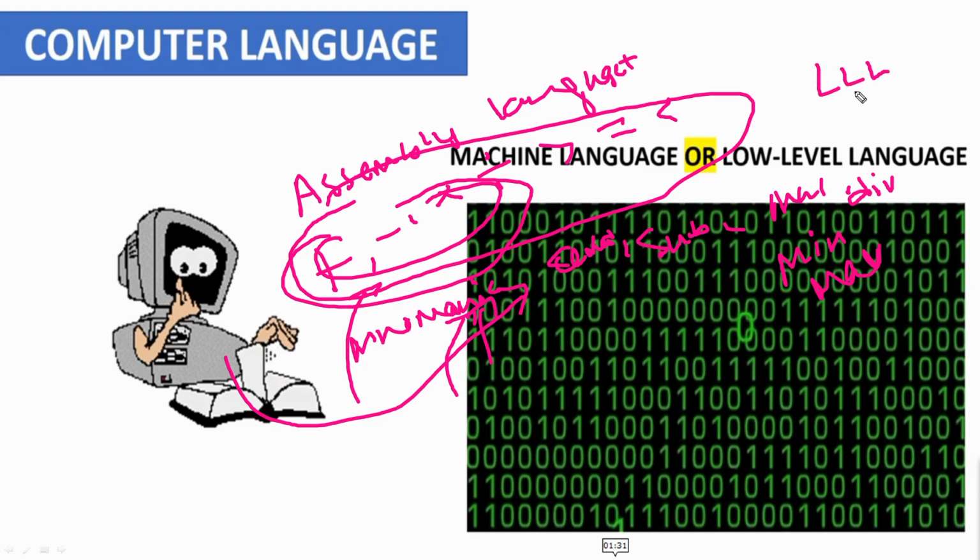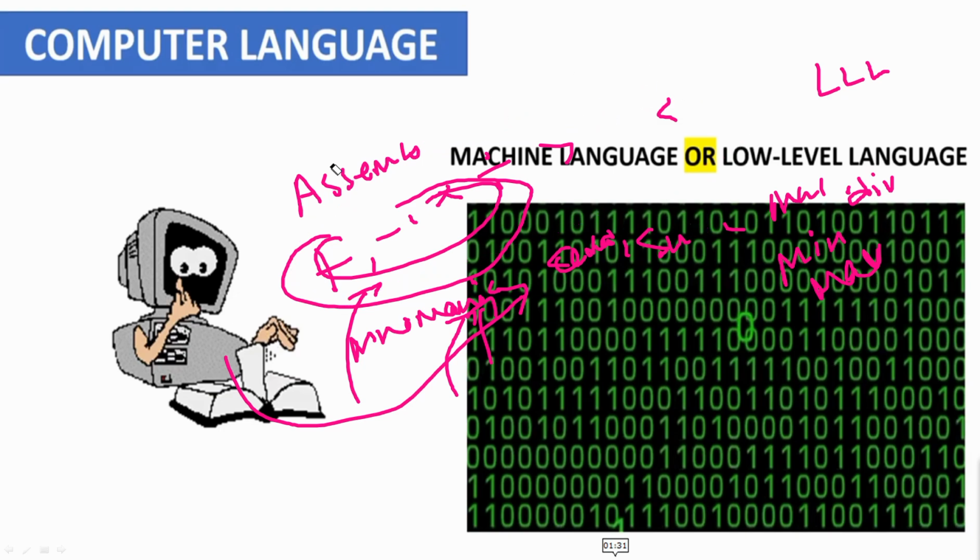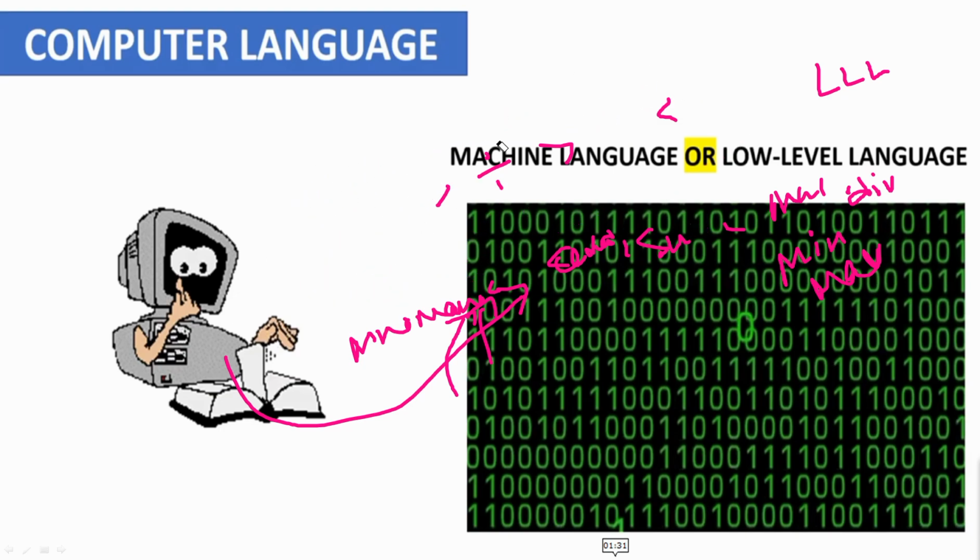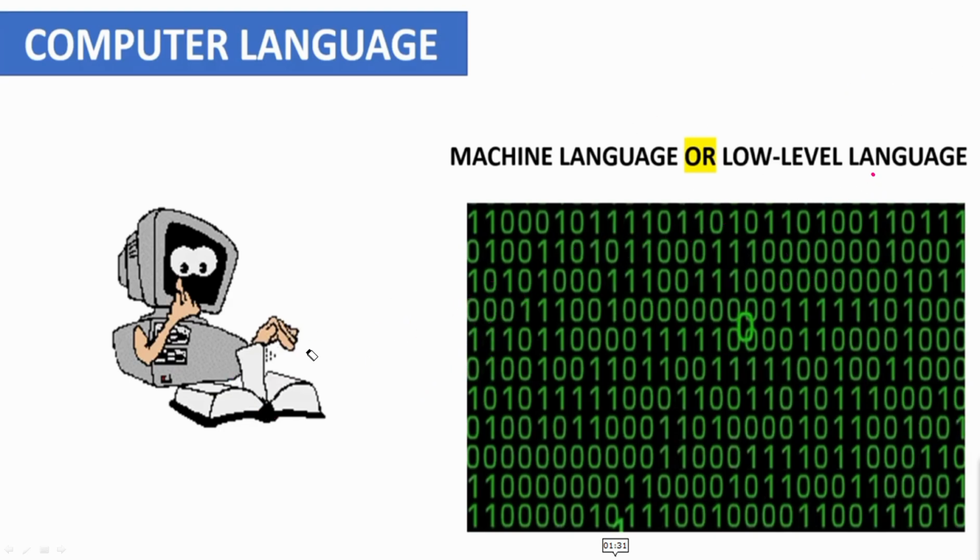Quickly, in machine language we use zeros and ones, and in assembly language we use mathematical operators and mnemonic codes. Both the computers can understand easily and the users cannot. This is the reason these two languages, machine language and assembly language, are low level languages of the computer, that is LLL.